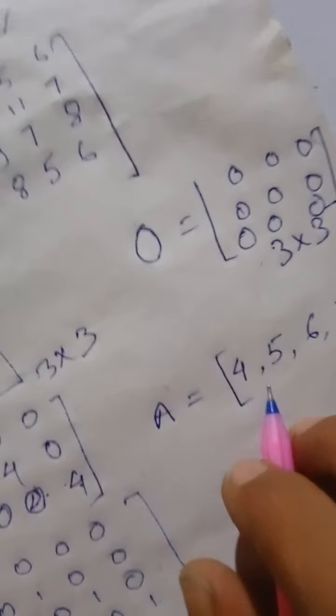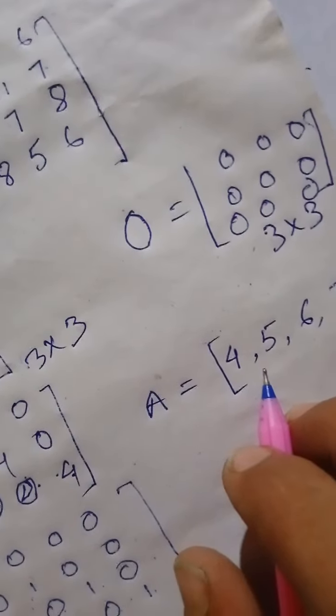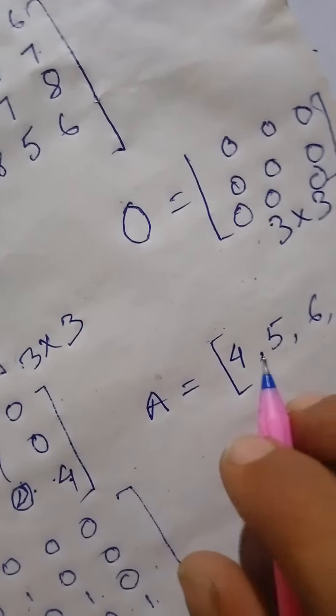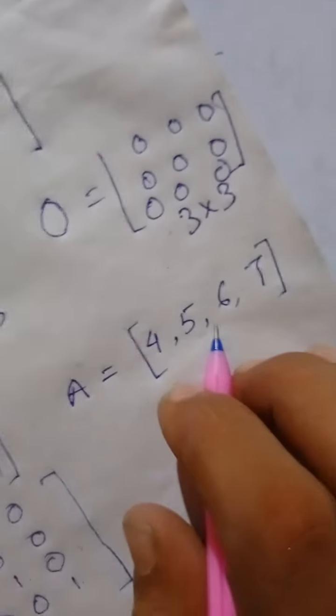By the definition of row matrix, it's also an example of a row matrix.